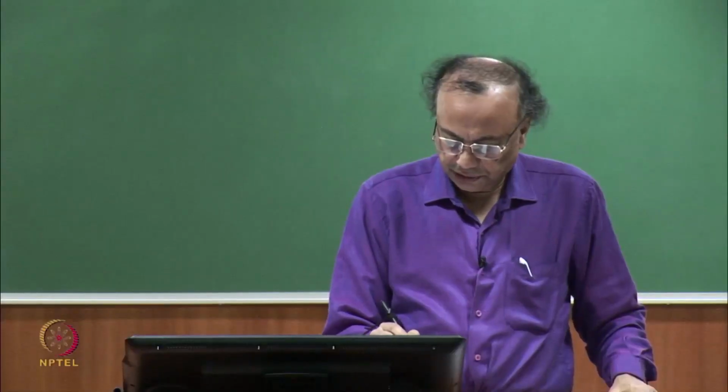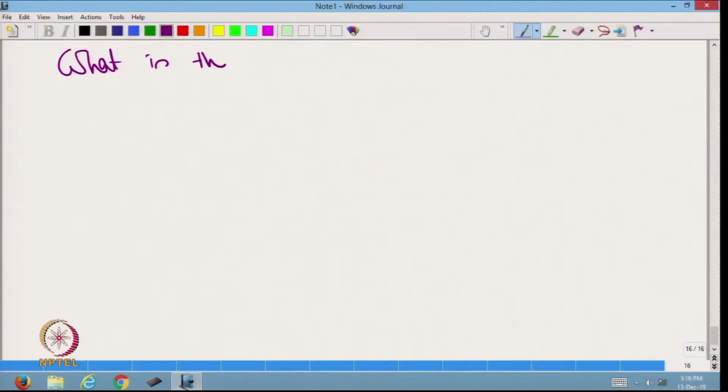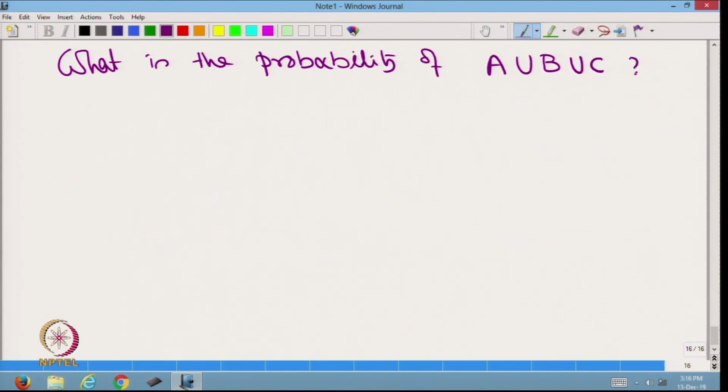Now, suppose the question is, what is the probability of A union B union C? So, as before, let me explain with a diagram.